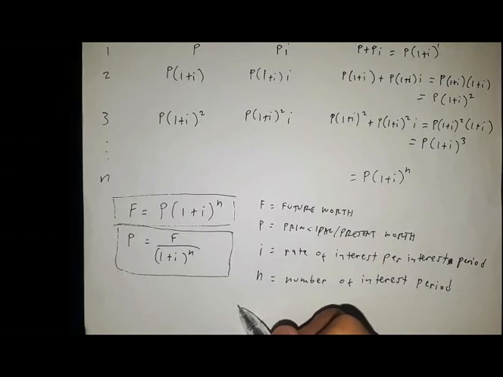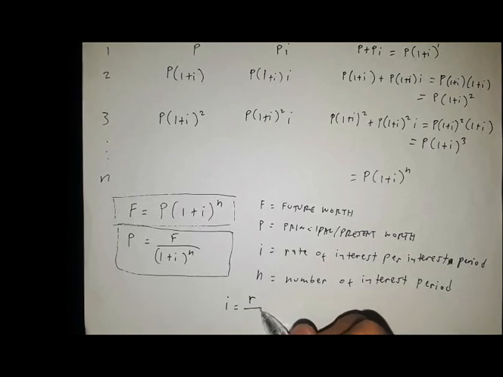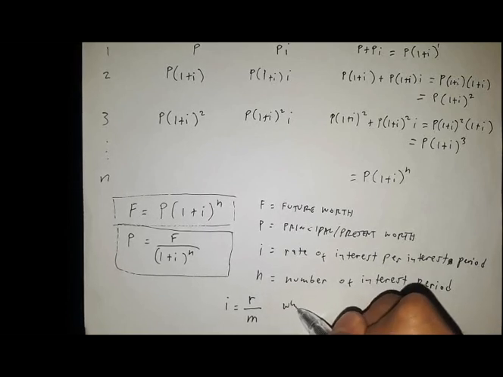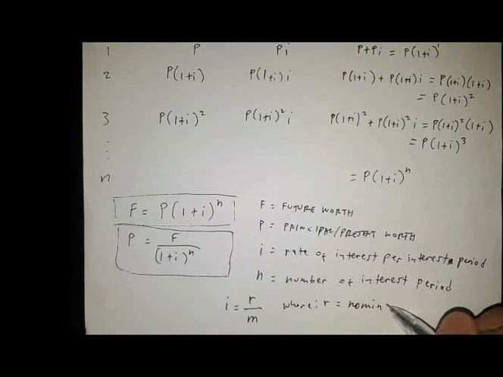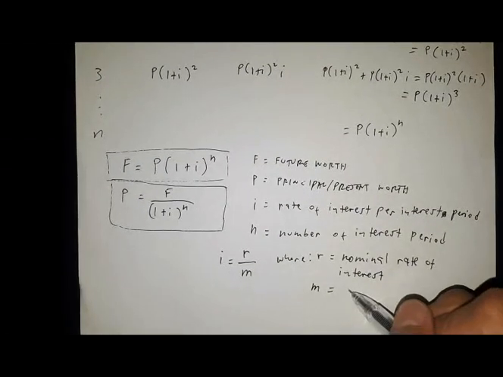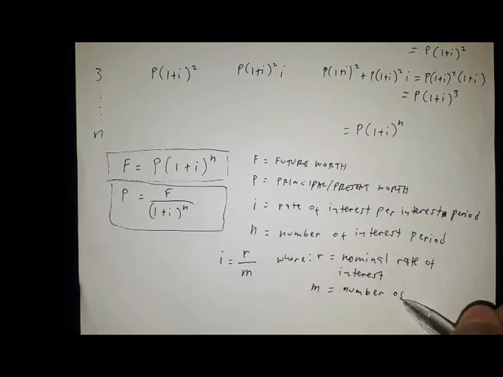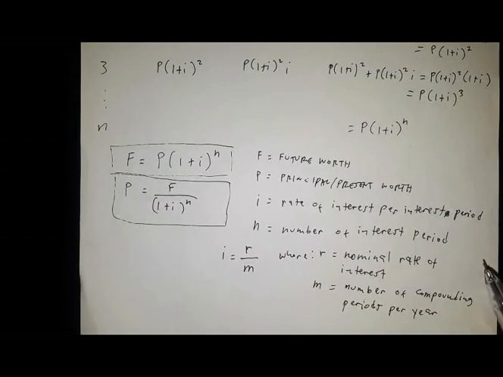That's why we have I equals the nominal rate of interest over m, where r equals the nominal rate of interest, and m is the number of compounding periods per year. So what do we mean by number of compounding periods?